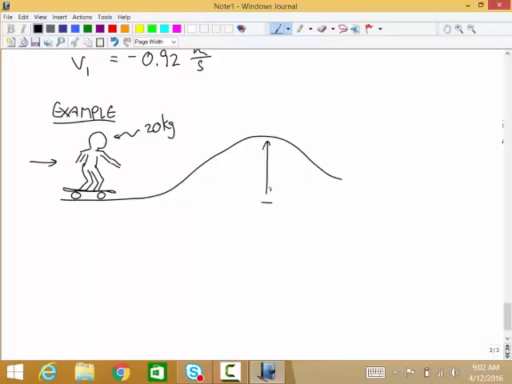And he gets to a hill that's 3 meters high. Actually, let's make this 1 meter, I'm not sure he would even get to the top. So this kid on the skateboard is moving 6 meters per second before the bottom of the hill.